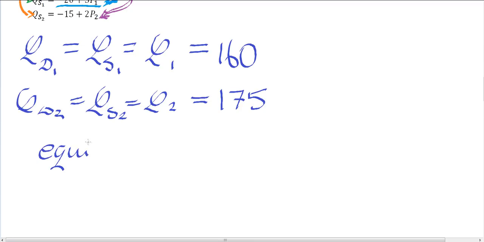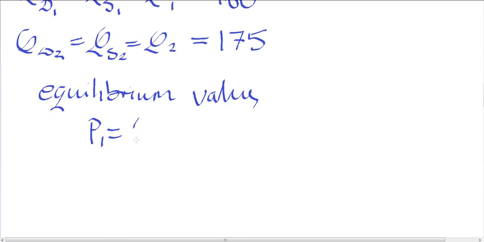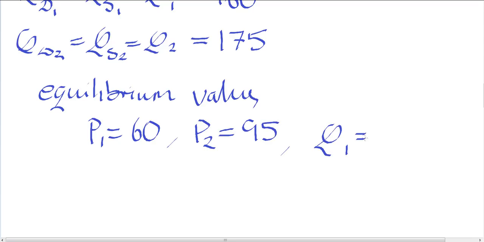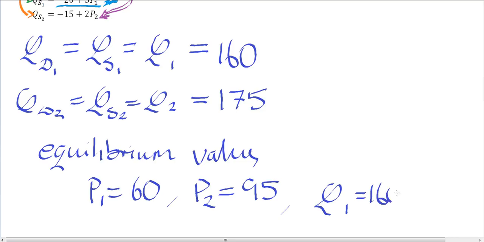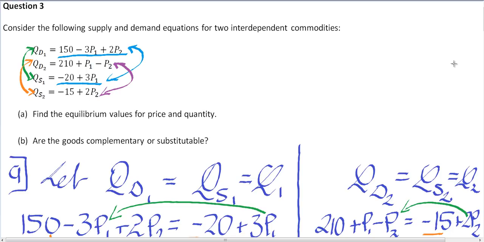So the equilibrium values, just so we know that you're finished the question, remember we had P1 equals 60, P2 equals 95, Q1 equals that 160, and Q2 equals 175.